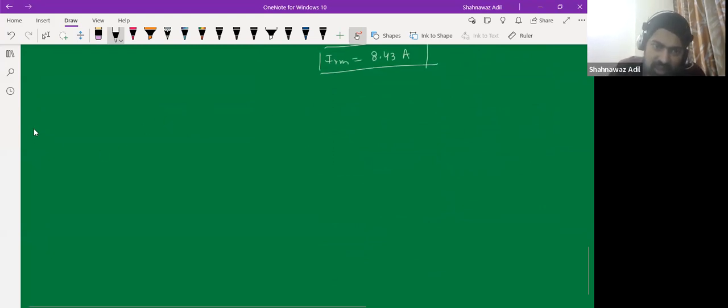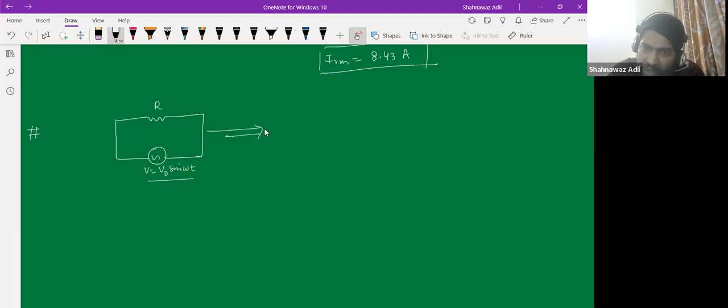We have already learned that if we have this input voltage, which is V naught sine omega t, which we get from the generator, and this is R, then the current would simply be I naught sine omega t, and the phase would be 0. So these things we know already.